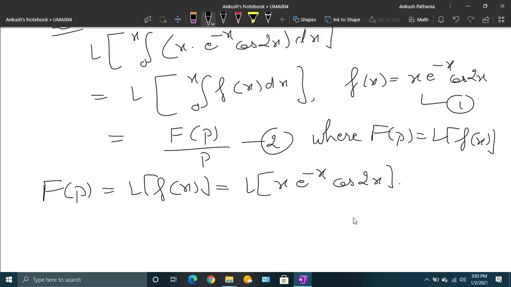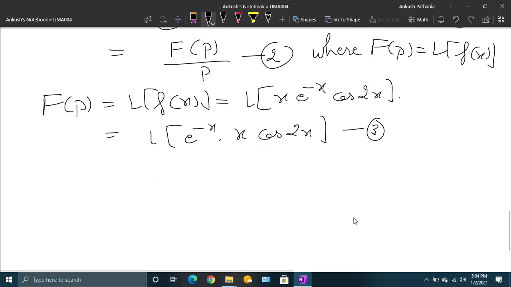As we have discussed in previous examples also, it is always better to use the first shifting property in the end and use other properties first. So I need to find the Laplace of e raised to minus x times x cos 2x. Here I can see two properties are used, x times f(x) and then the first shifting property, e to the ax times f(x). So let us start from the extreme right.